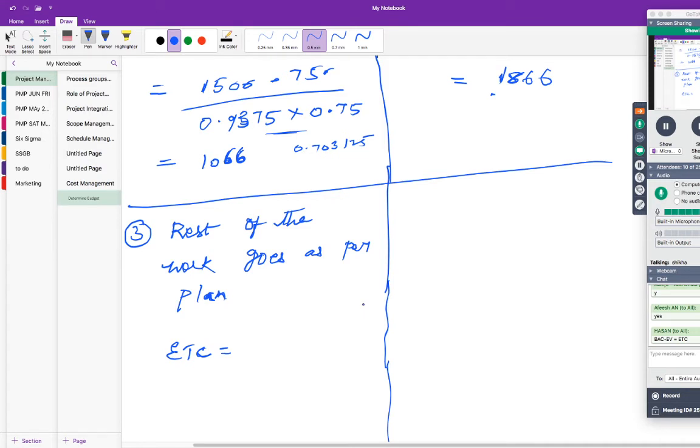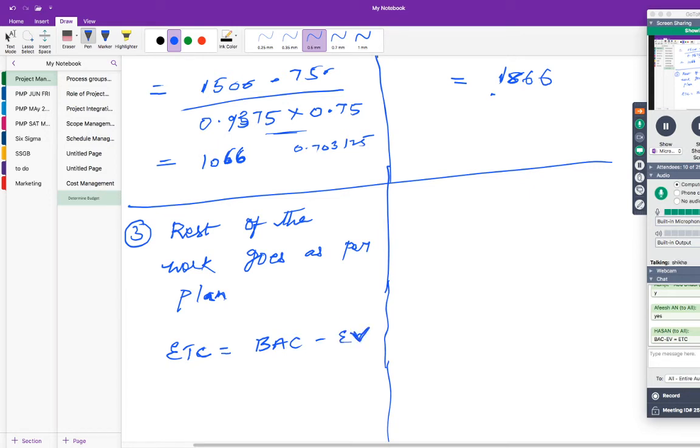We assume that for the rest of the work I'll not have any variance, which means the rest of the work will be done at the value which you have already budgeted. So the budgeted cost for the remaining work will be the same. Remaining work is equal to BAC minus EV, right? So that remains the same.